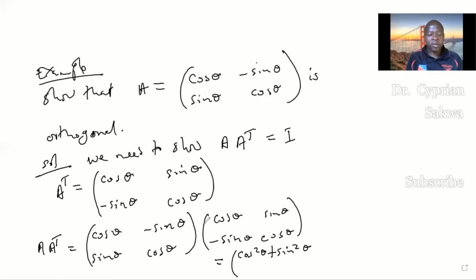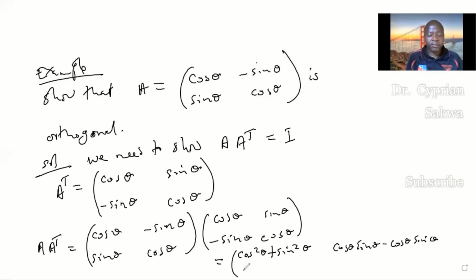Now what about this row and this other column? I would have cos theta sine theta minus cos theta sine theta. What about this row and this column?